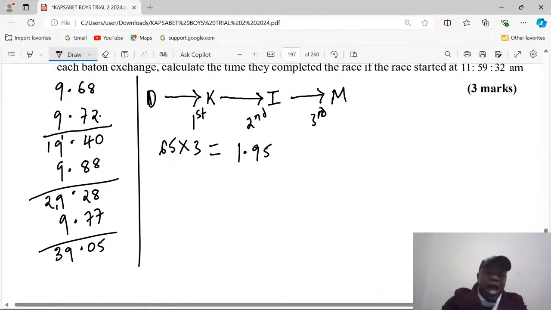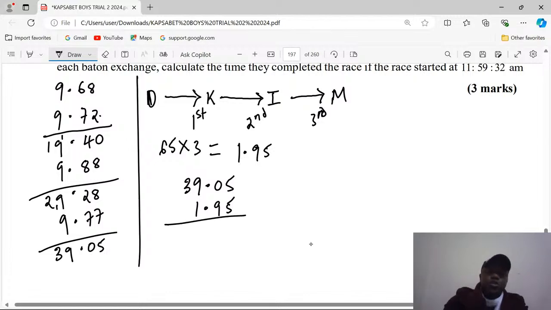So now we can add to 39.05, we add 1.95. This is going to give us 100 centiseconds, whereby we will carry it as a whole second, and we remain with 00. Then now this will be 41.